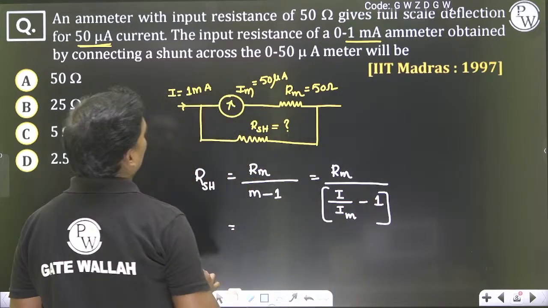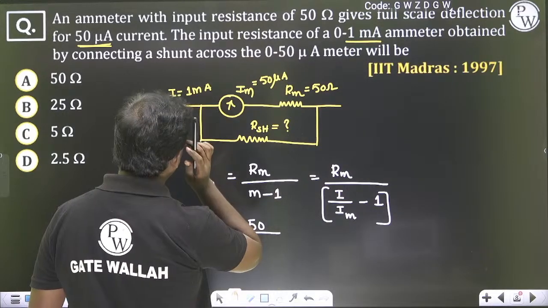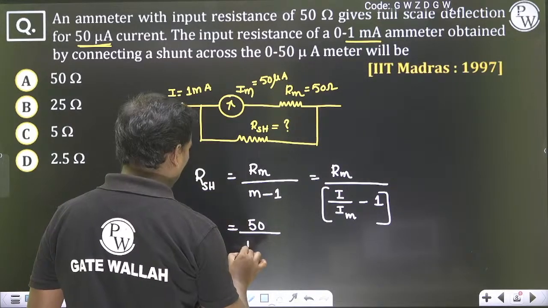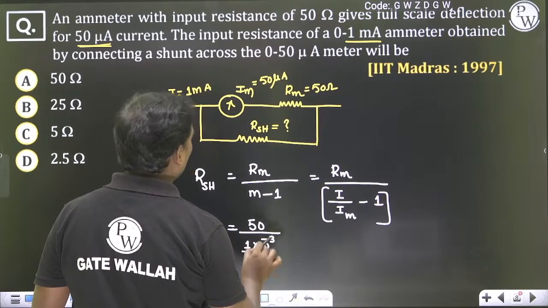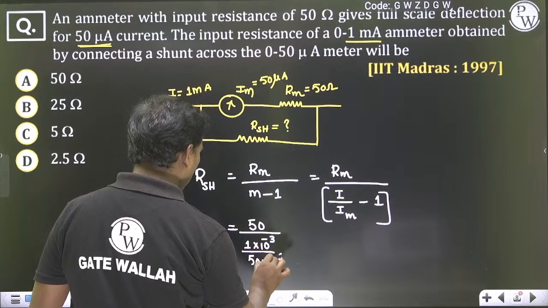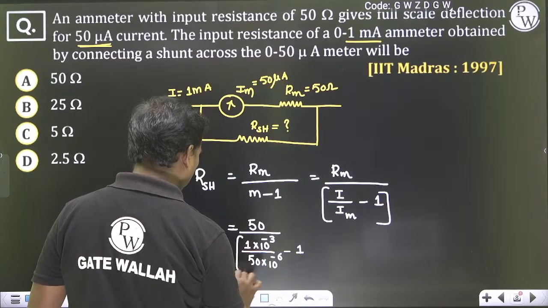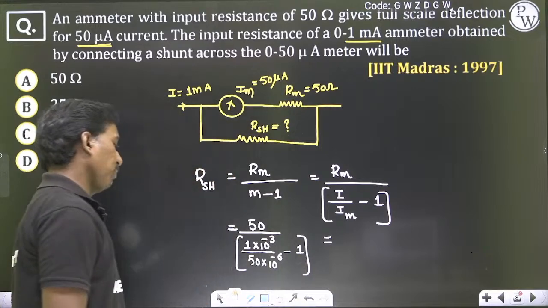Here I can take M as I by IM. So here the meter resistance is 50, capital I is 1 milliampere, that is 1 into 10 power minus 3, Im is 50 microamperes, 50 into 10 power minus 6. So how much am I going to get here? Check it.